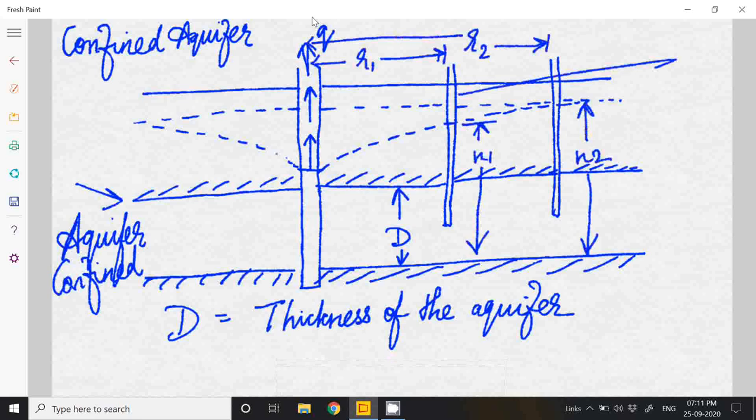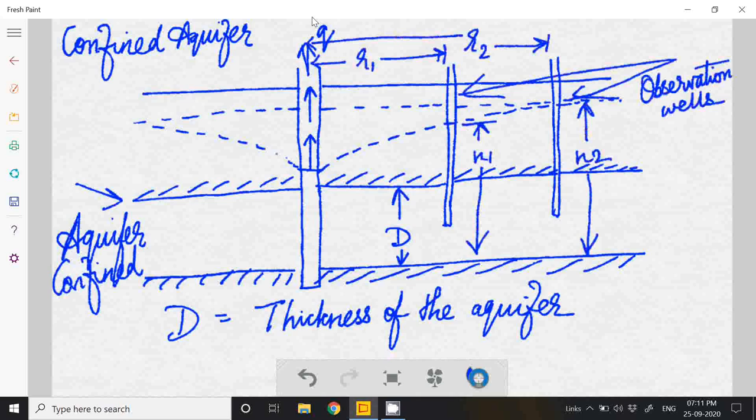These are the observation wells, and this one was the main well, from where you were doing the pumping.